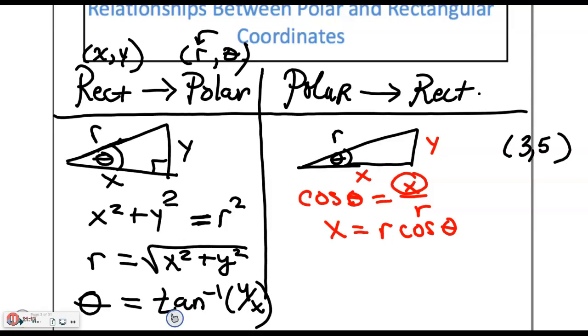But here's why. Because on the unit circle, what's r? If it's the unit circle, r is 1. So it's just x is cosine theta. Y, the sine of theta, is going to be opposite over hypotenuse, and y is r sine theta.